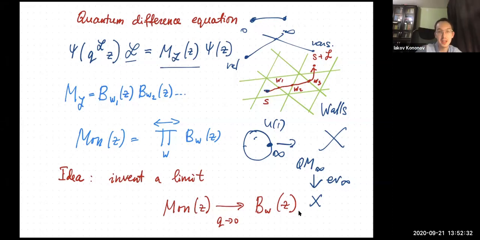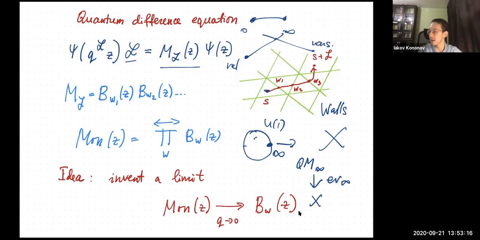Let's denote this operator by B_W of z, and it has certain poles with respect to z. Then if instead of the operator of the quantum difference equation M, we consider the monodromy of z, that is, the transition from z equals 0 to z equals infinity, or equivalently, it is some renormalized infinite two-sided product of operators M, or a two-sided product of operators B_W along the path which is an infinite line on this picture.